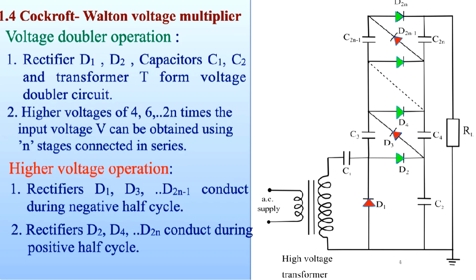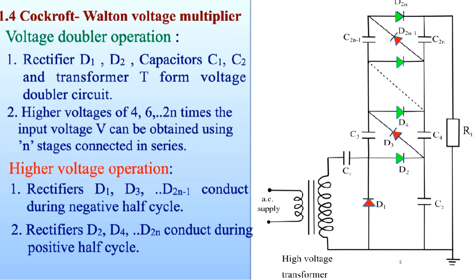So we have this particular circuit called the voltage multiplier circuit, where we need one transformer. The input to that is an AC supply. The output across the capacitor, we get double the voltage, as we already explained in the previous lesson. This voltage becomes twice V with respect to ground.